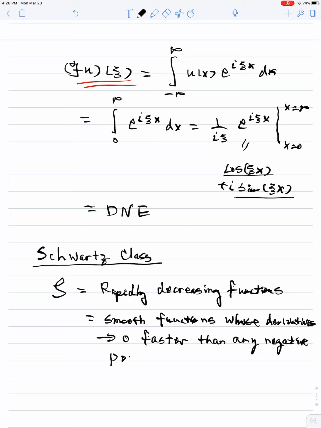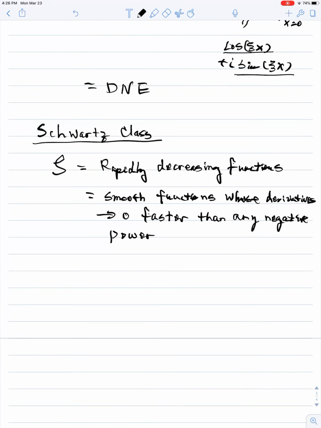So this is a descriptive definition, but you can make it precise. Let me write the precise definition.